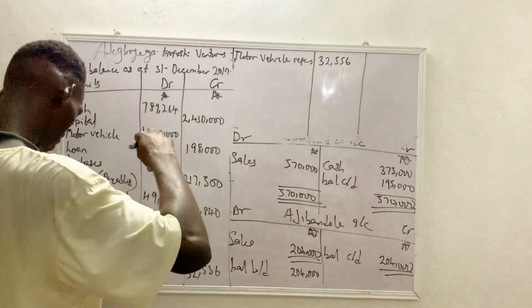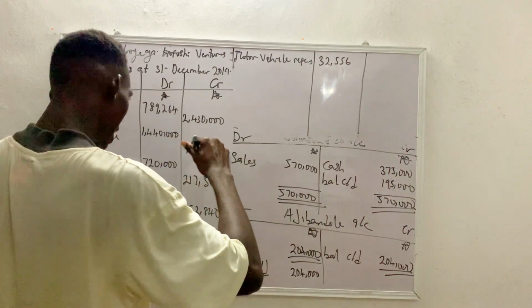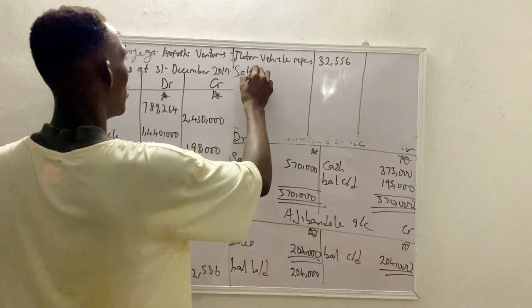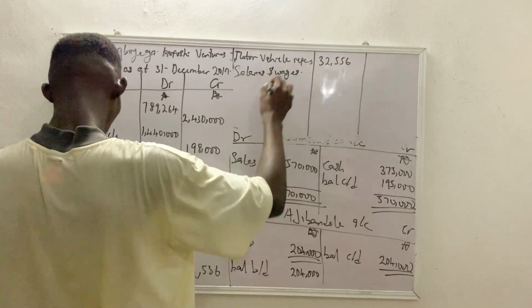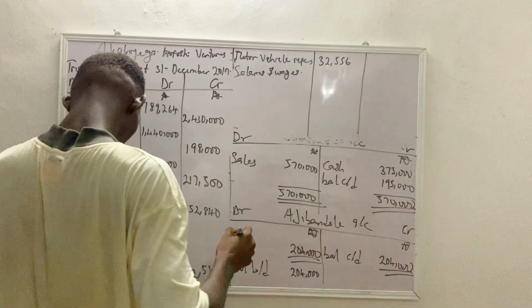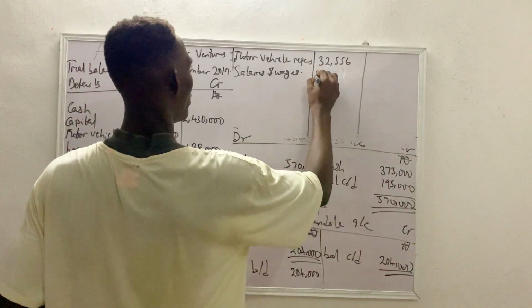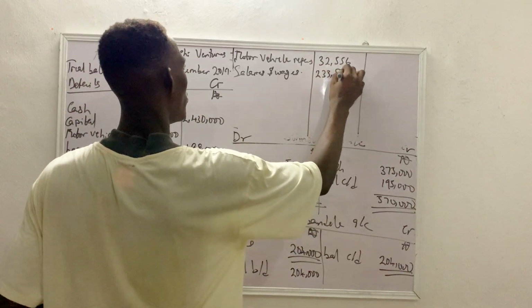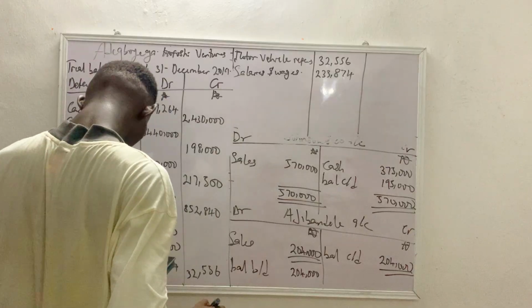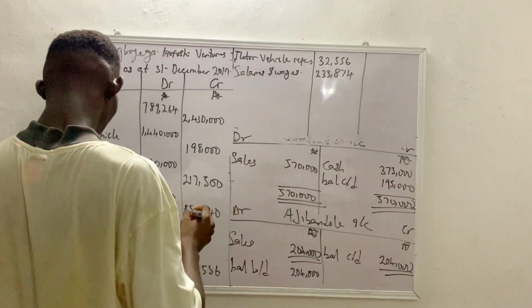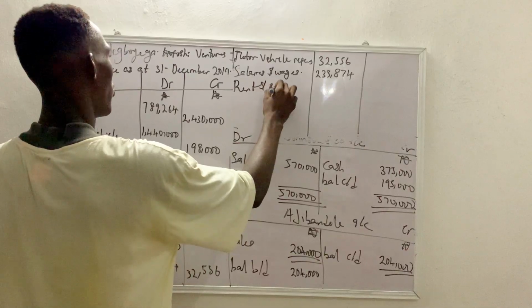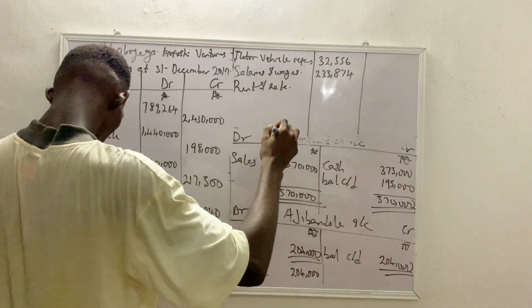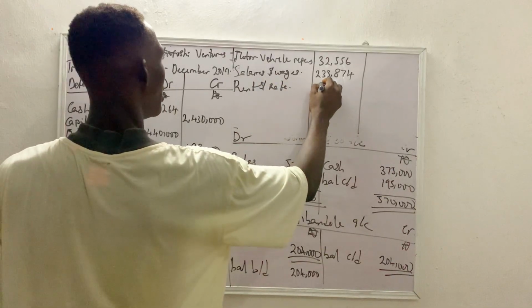It's very obvious. So next is salaries and wages, 233,874. Then we have rent and rate, which is what, 18.